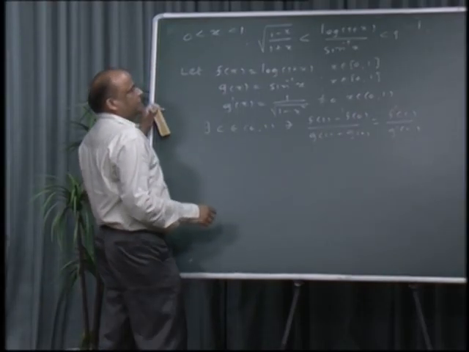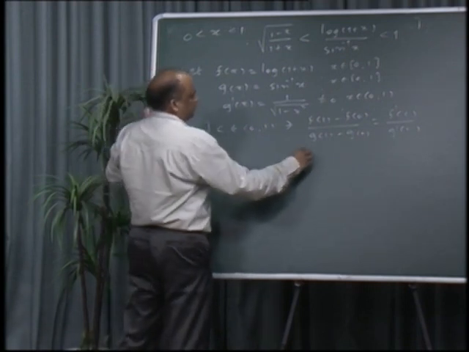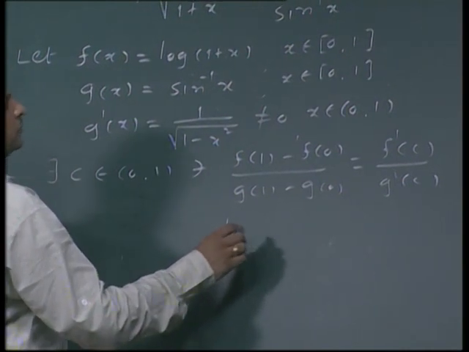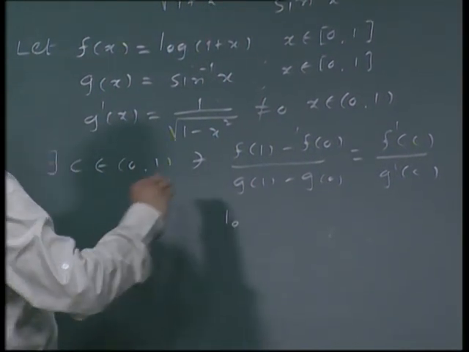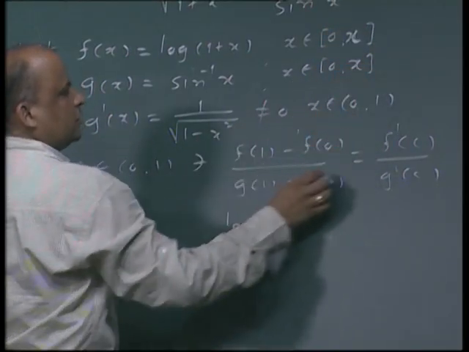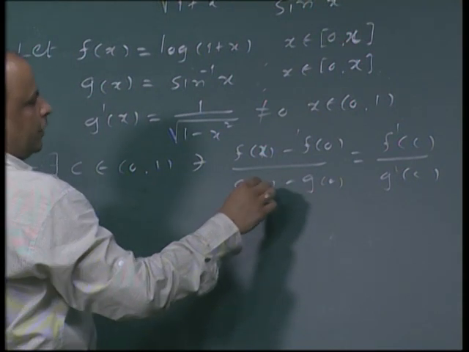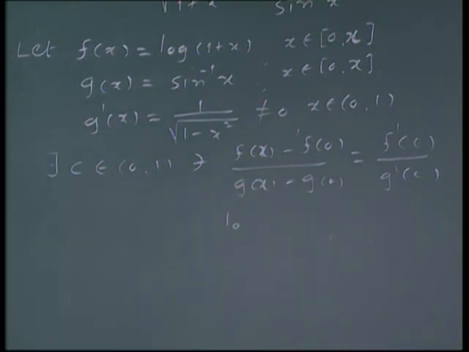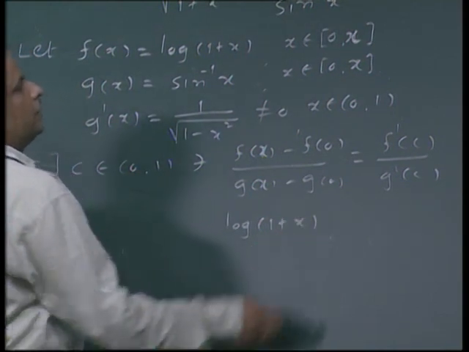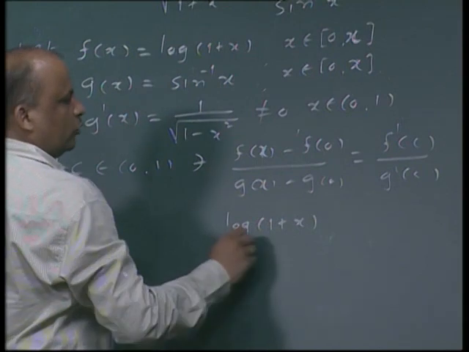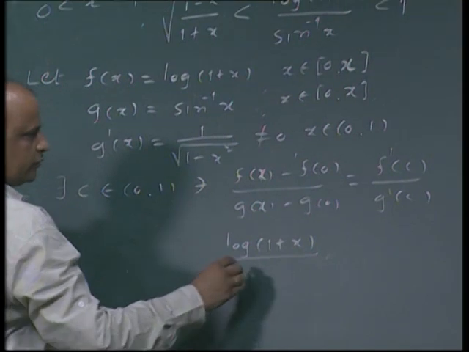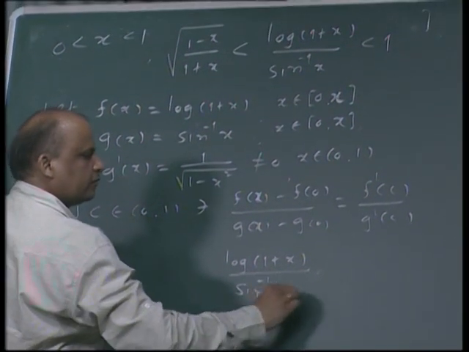Now f(1) is log 2, or let me take the interval 0 to x, that would be fine. So it is (f(x) minus f(0)) upon (g(x) minus g(0)). This is log(1 plus x), and f(0) is log 1, which is 0, and sin inverse 0 is also 0, so this is sin inverse x.